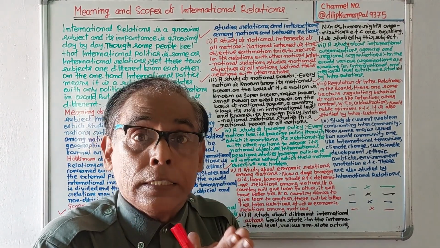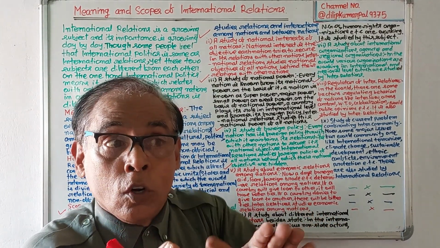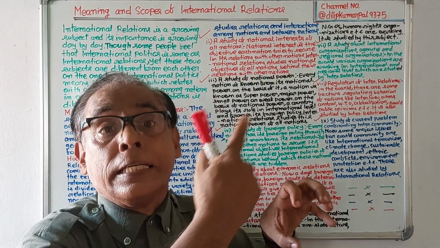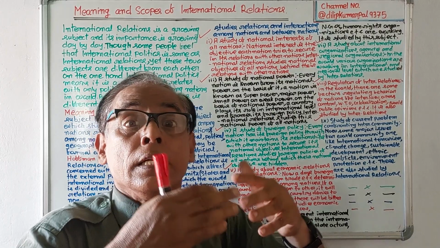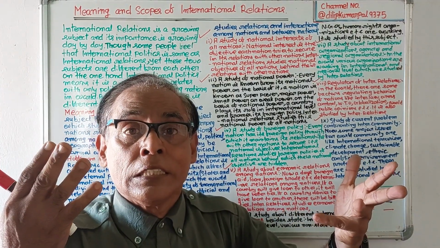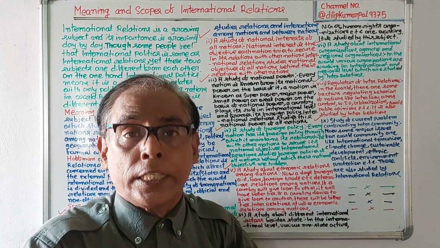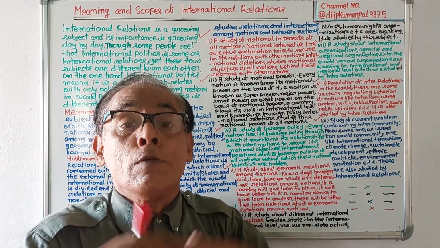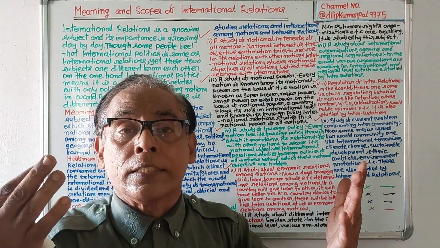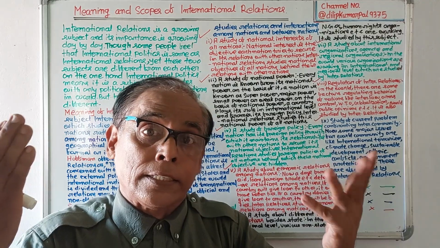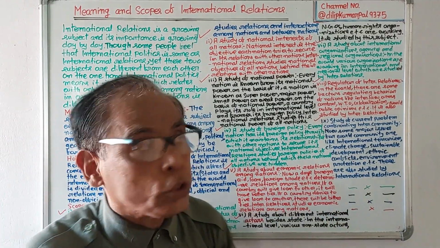So, international relations studies not only the role of the state at the international level, but also international organizations which are working without any help from any country, known as non-state actors, human rights organizations, non-governmental organizations, which are also playing an important role at the international level. International relations studies about them also.